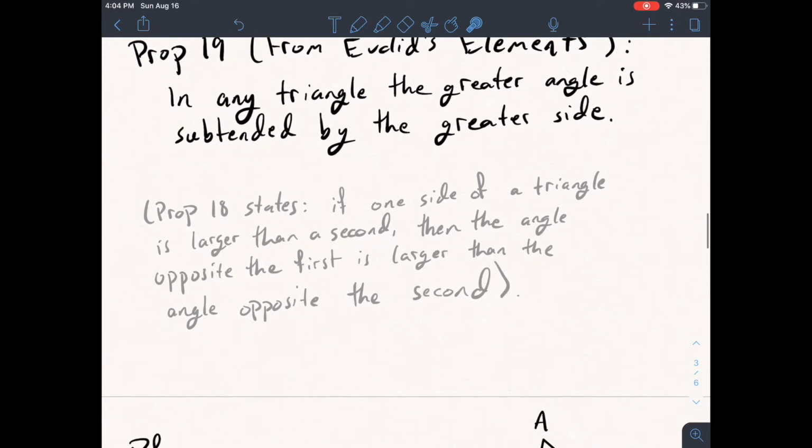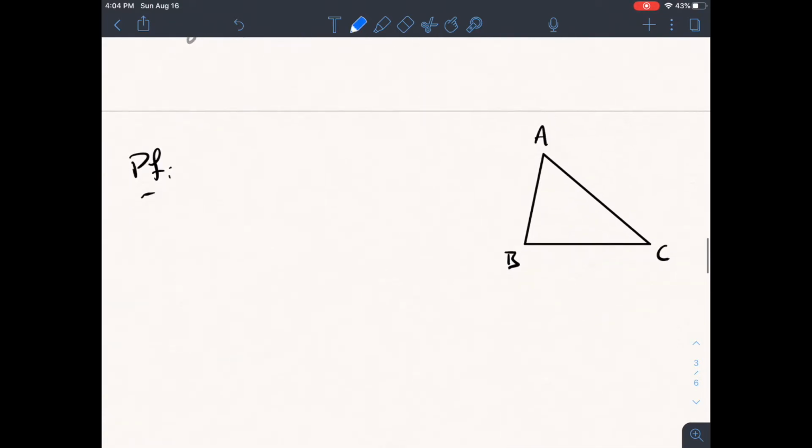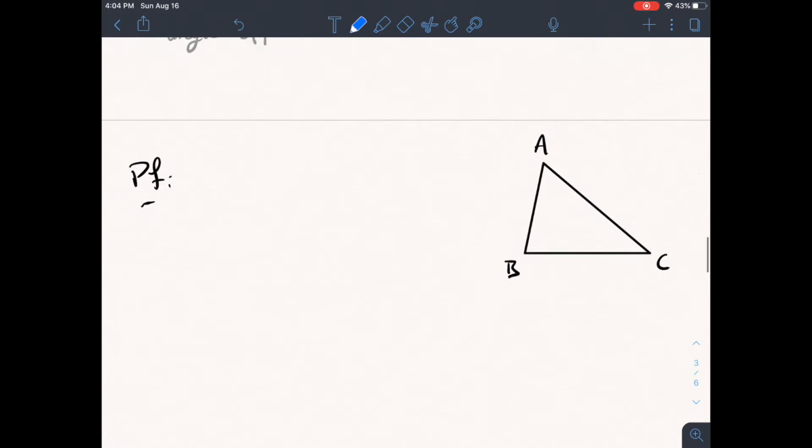So anyway, let me put that back down and get into the proof. All right, any triangle. Let's assume that angle B is bigger than angle C. I'm going to do this in paragraph style. All right, angle B is greater than angle C. We want to show, I'm abbreviating want to show as WTS.